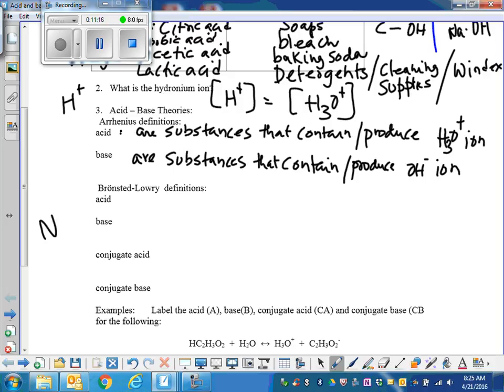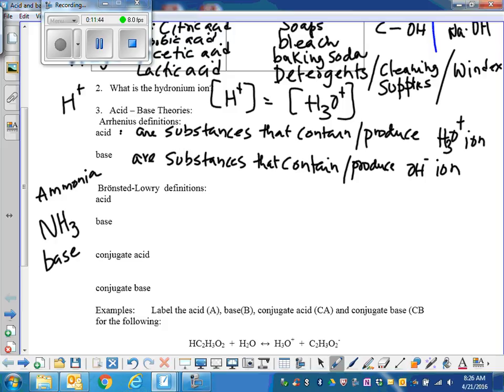But then it did include a whole different class of compounds which eventually people found are also acids or bases. One such example is ammonia, and ammonia is a base. All right? So if you look at Arrhenius' definition, how could you classify ammonia as a base? Because it doesn't contain a hydroxyl ion.